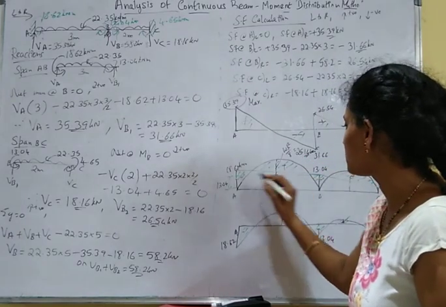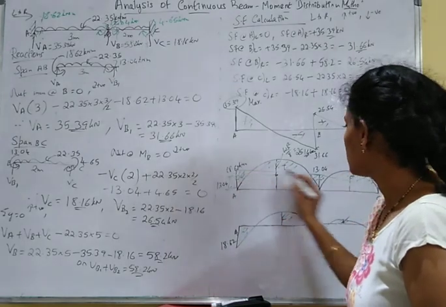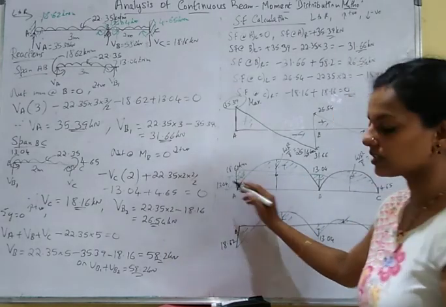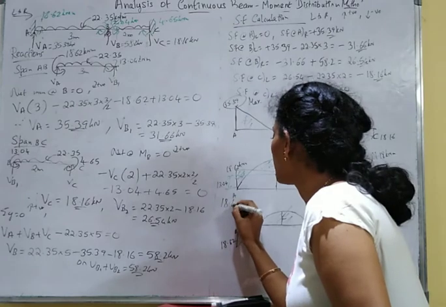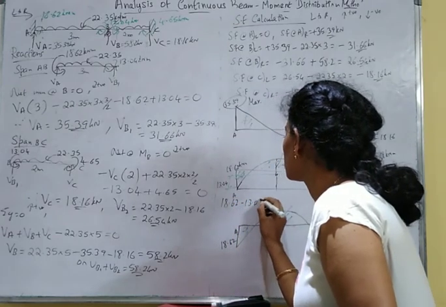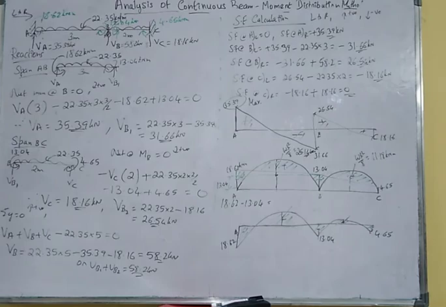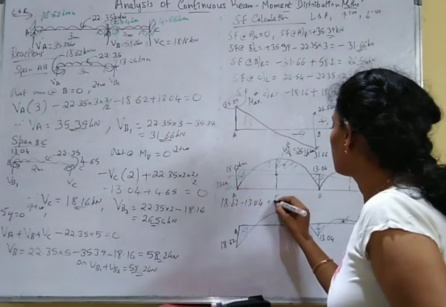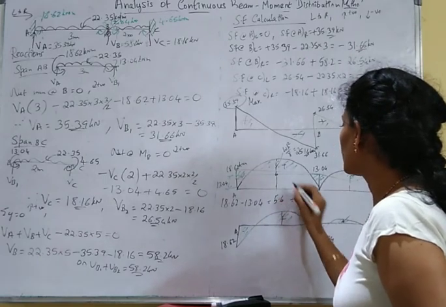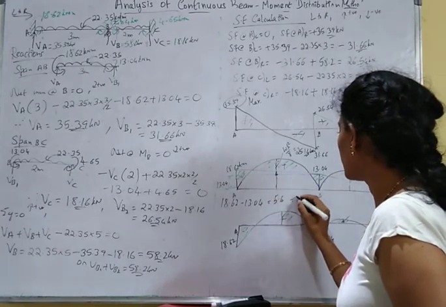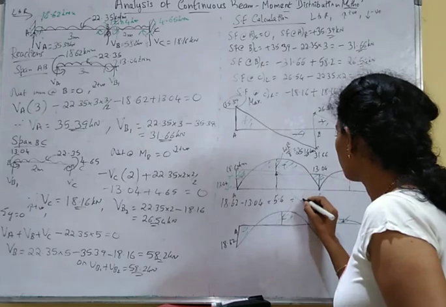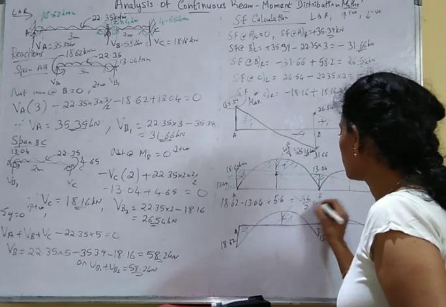Just find out this value. Total is 16.82 minus 18.62 minus 13.04, which is nothing but 5.6. So 5.6 by 2. So here at this point, the moment will be 5.6 by 2.